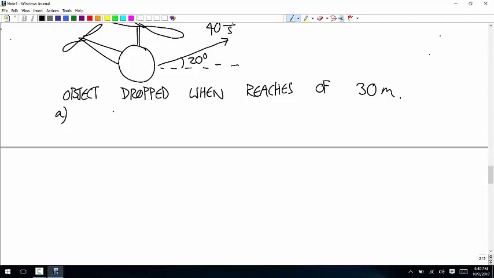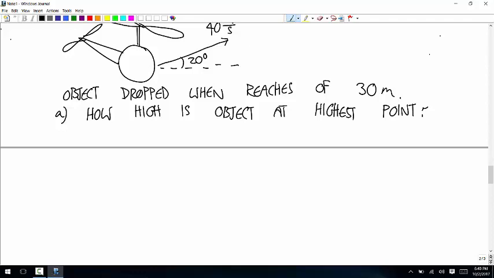So first, how high is the object at its highest point? And second, how long will it take for the object to hit the ground?